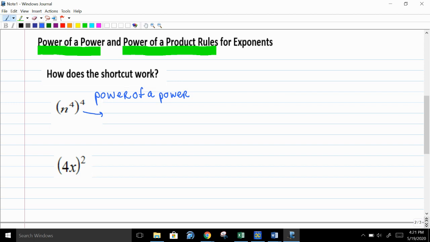If I expanded this out, that would mean I would have four factors of n to the fourth. So I would have n to the fourth times n to the fourth times n to the fourth times another n to the fourth. Okay, and then if I expanded each of those n to the fourths out, n times n times n times n, there's the first n to the fourth, n times n times n times n, there's your second.